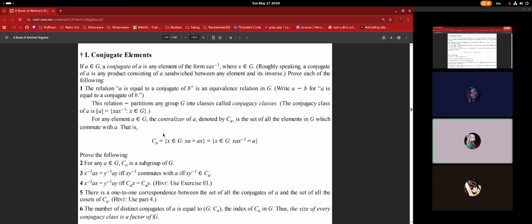So you can use the conjugate of x inverse to rewrite the conjugate into a form where, if A is equal to a conjugate of B, that means A is equal to x b x inverse, right? Yes. But then to say the converse, to say that B is equal to a conjugate of A, you can exploit the fact that you have the first direction, where A equals x B x inverse.